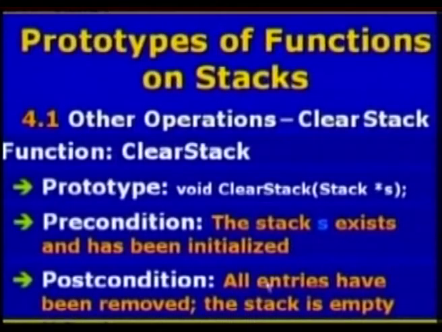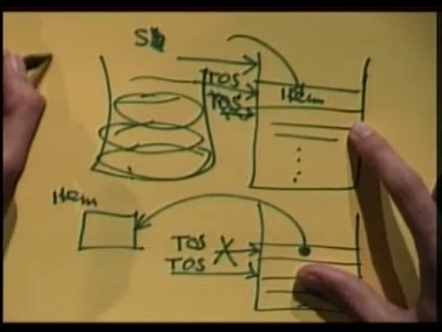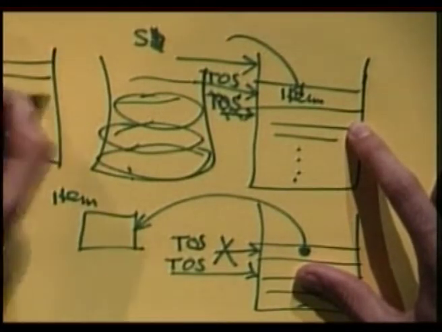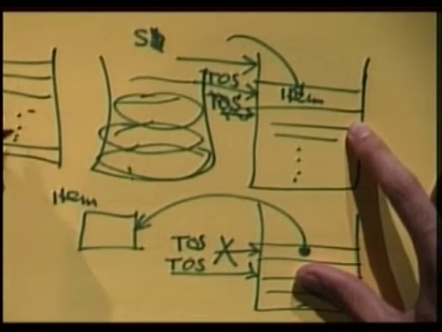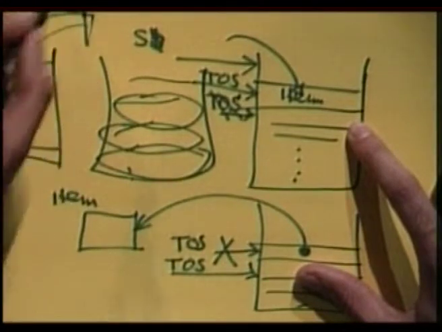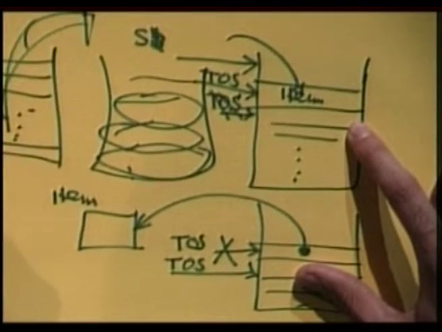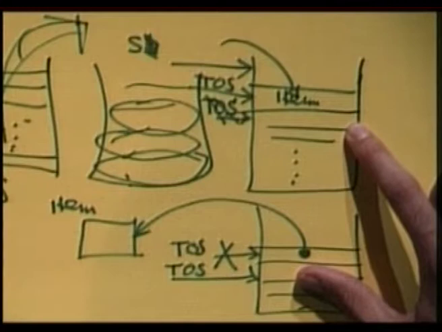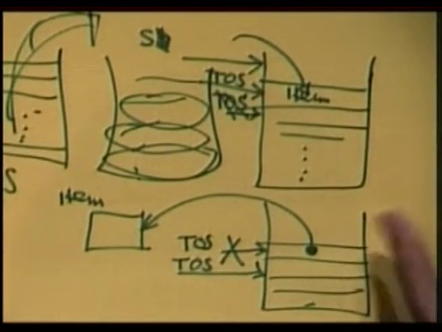As the result of this, all entries are going to be removed from the stack, the stack is empty, and top of stack is going to be pointing to the start. I have so many items in there, I'm going to throw them all away together, and top of stack is going to go here. So that's the result of clear stack.